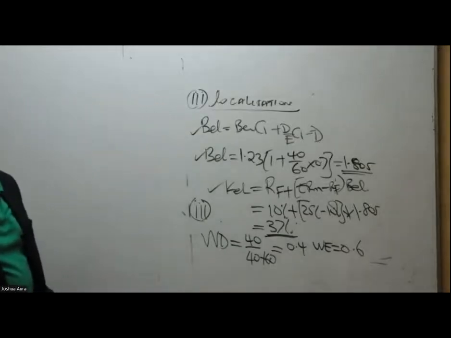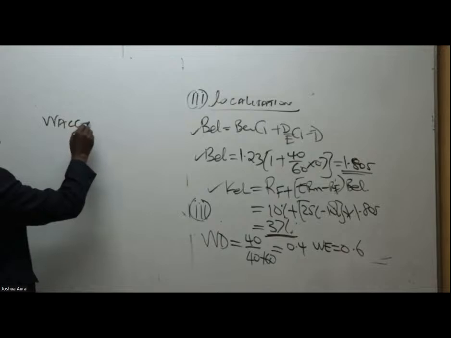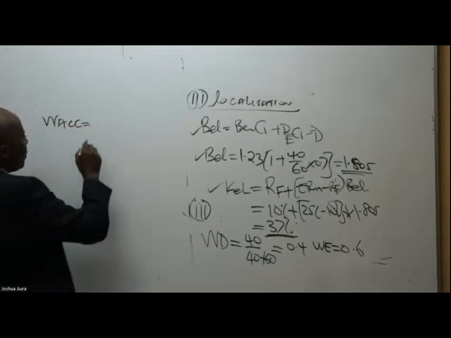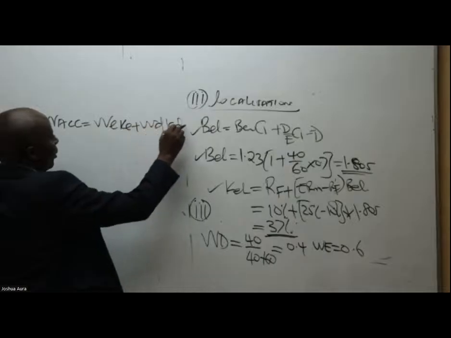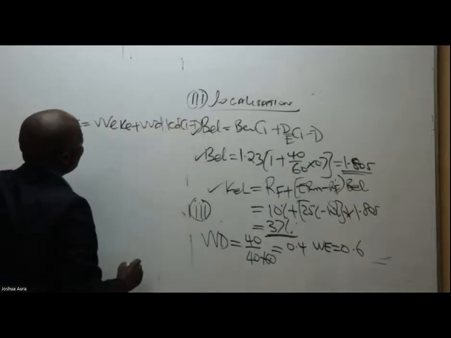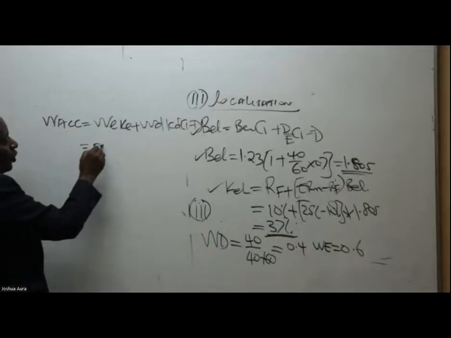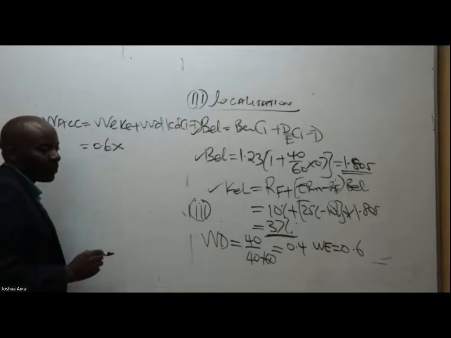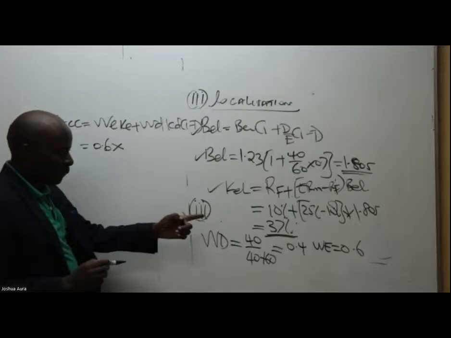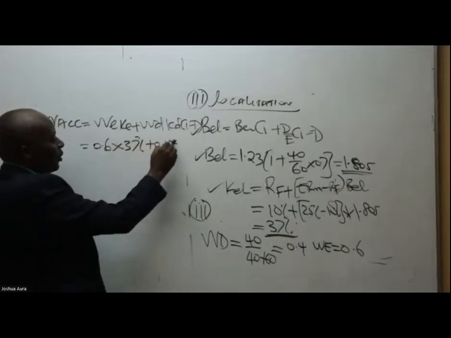All right. After that, ladies and gentlemen, please go ahead and give us WACC. WACC will be weight of equity times cost of equity plus weight of debt times cost of debt into 1 minus taxation. Weight of equity is 0.6 times cost of equity, 37%, plus weight of debt 0.4 times cost of debt.